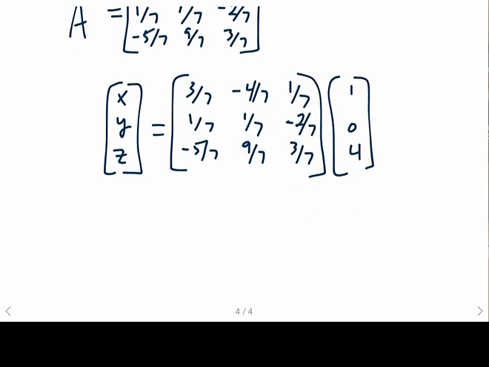Now we perform the indicated multiplication. Take the first row, 3/7, -4/7, 1/7, and multiply it by (1, 0, 4). Then the second row, 1/7, 1/7, -2/7, by (1, 0, 4). And then the third row, -5/7, 9/7, 3/7, by (1, 0, 4).